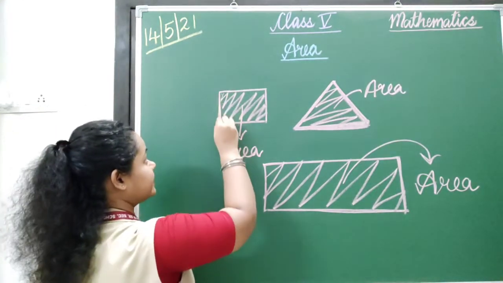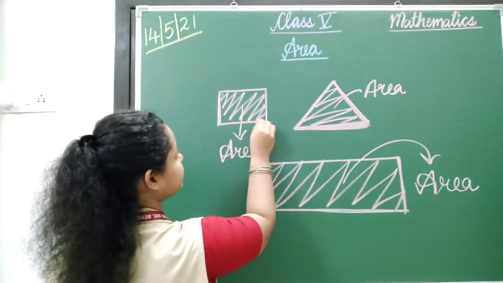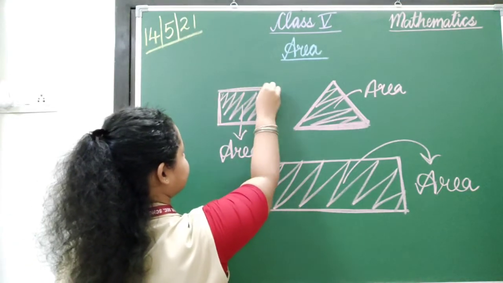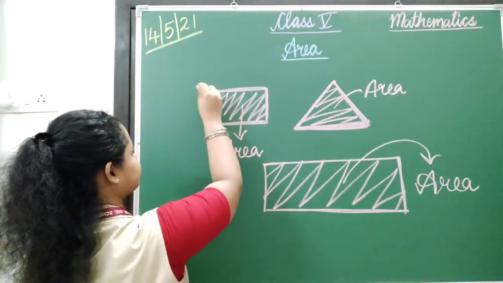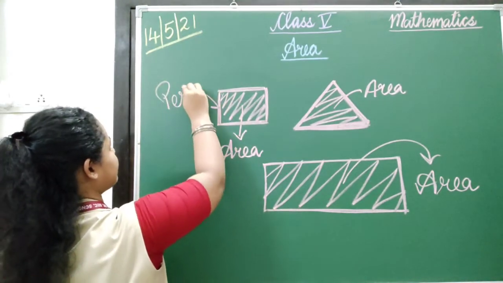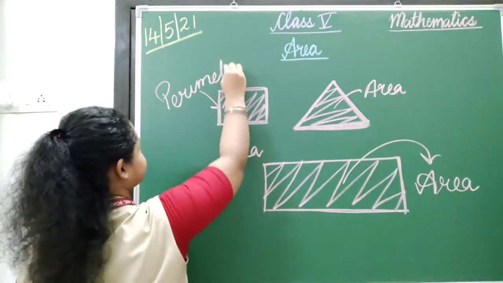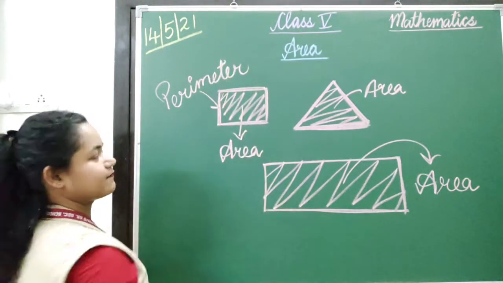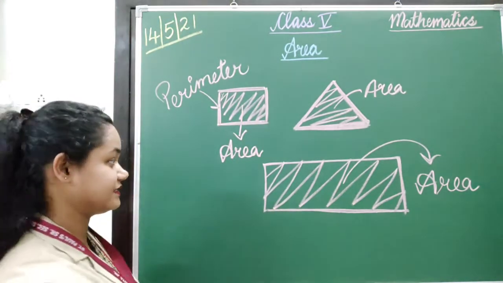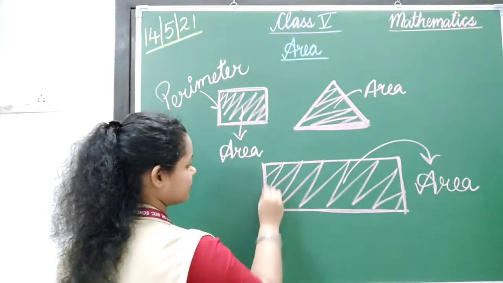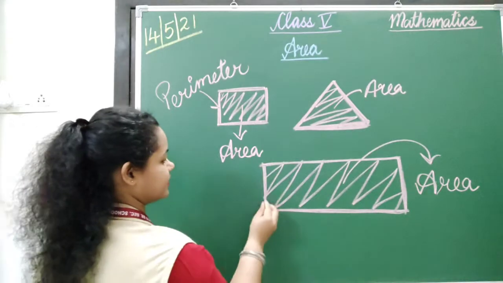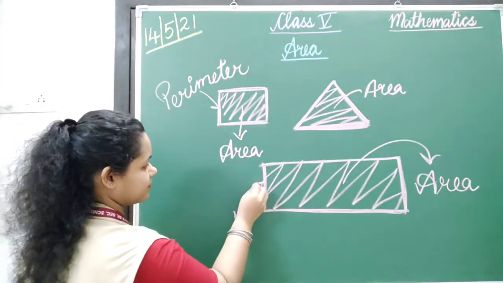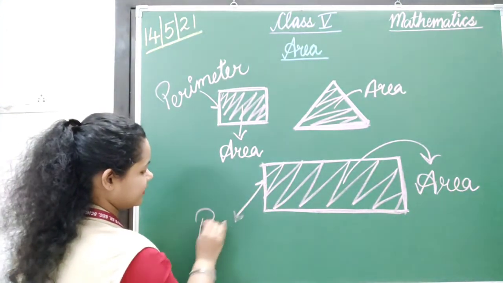The boundary, this boundary is your perimeter. This we have already studied in last class. This is your perimeter. Isn't it? Yes or no? Yes. Here also this boundary is your perimeter.